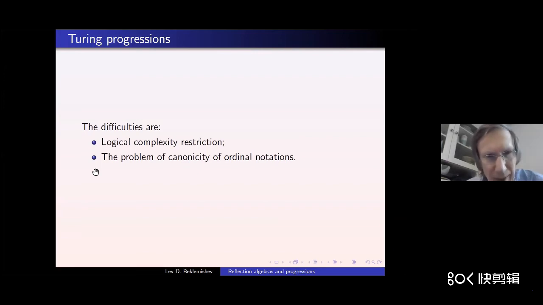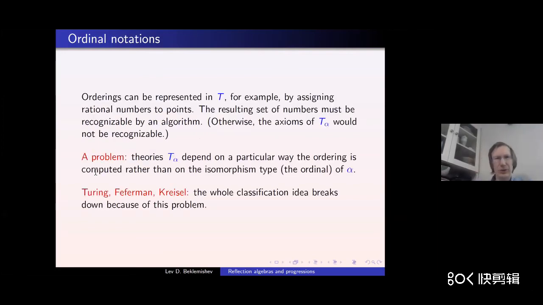Okay, so what is this problem of canonicity of ordinal notation? As I mentioned, in order to formulate theories T alpha, one needs to fix their provability predicates, or at least the formulas expressing their consistency, because it is these consistency assertions that form the axioms of later theories.